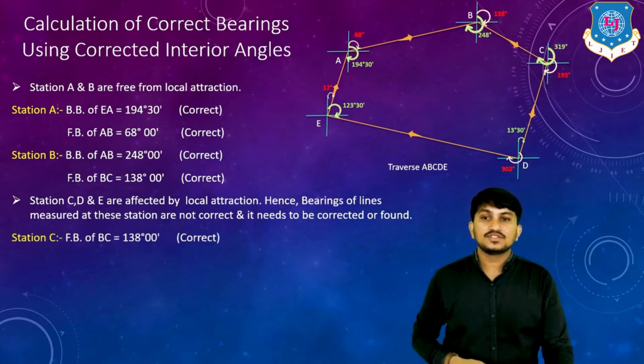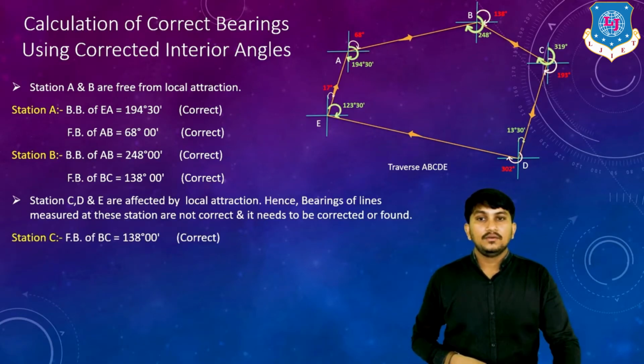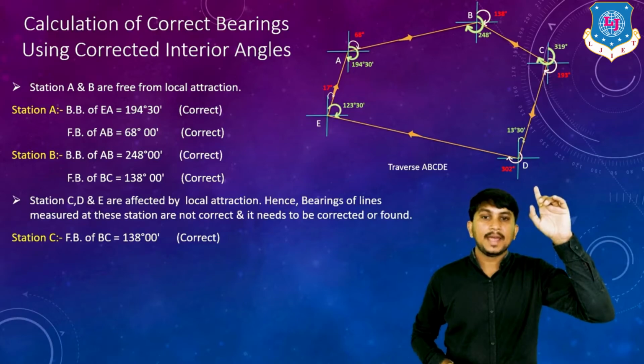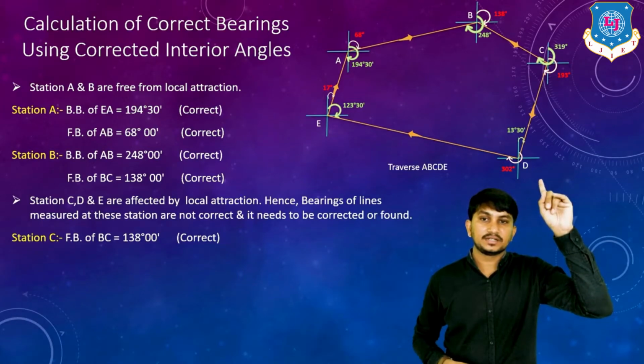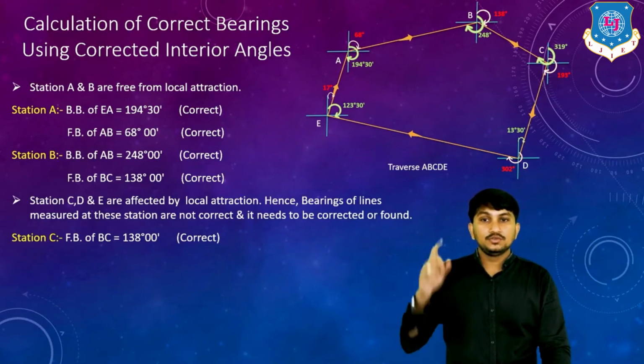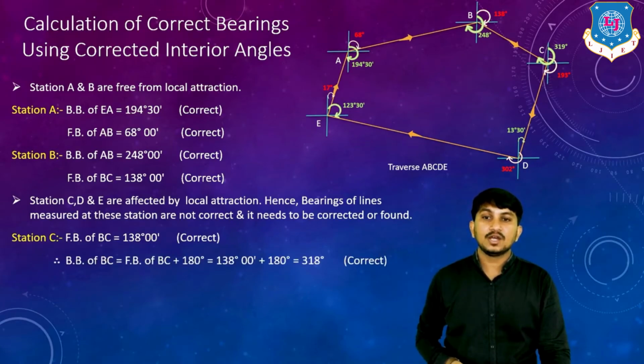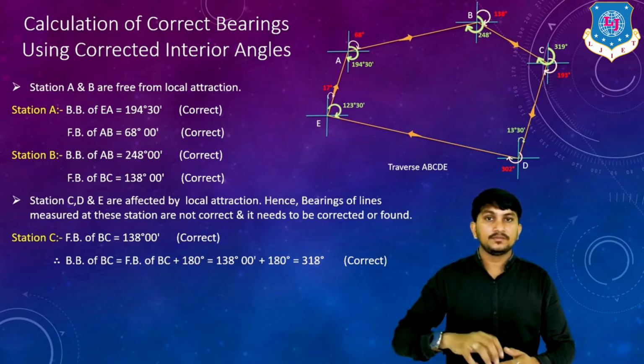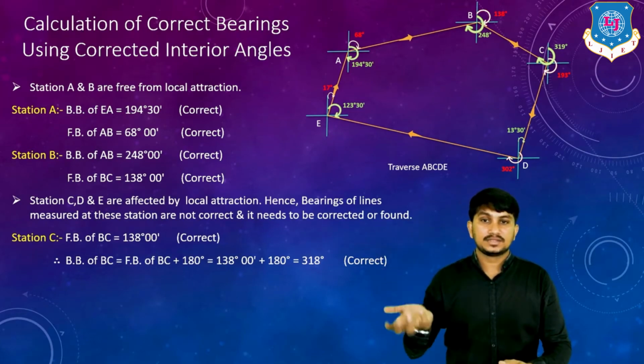Okay, starting from station C, we have the data of FB of BC 138 degree, which is corrected in station B. Using this FB of BC, we can find out BB of BC. How to convert FB to BB? We have discussed in the last lectures.